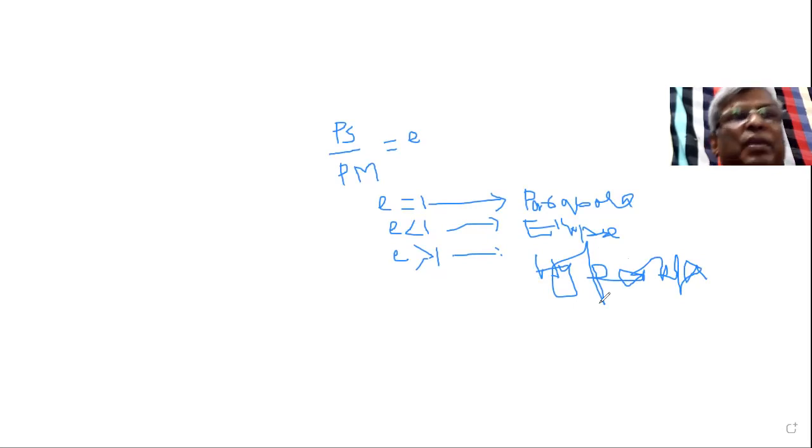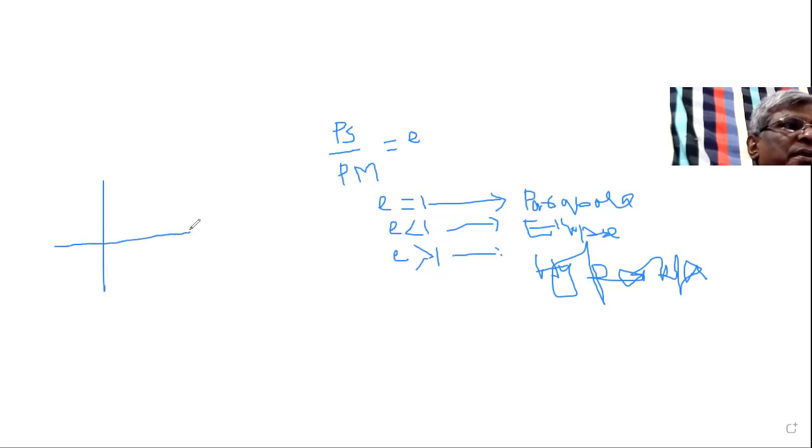So in this way you observe that the names parabola, hyperbola and ellipse are decided by a numerical value, that is, whether it is a parabola, an ellipse or a hyperbola. Again, I would like to look here.